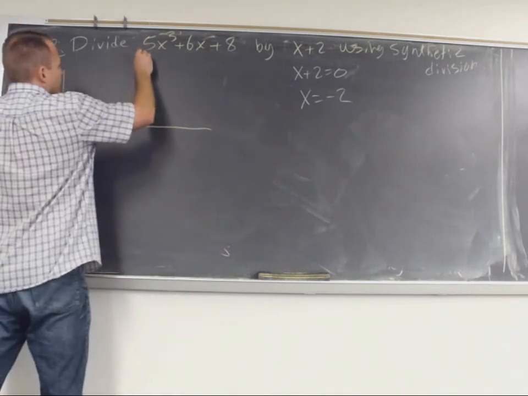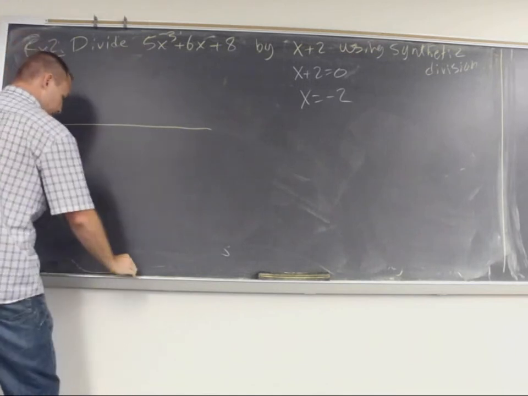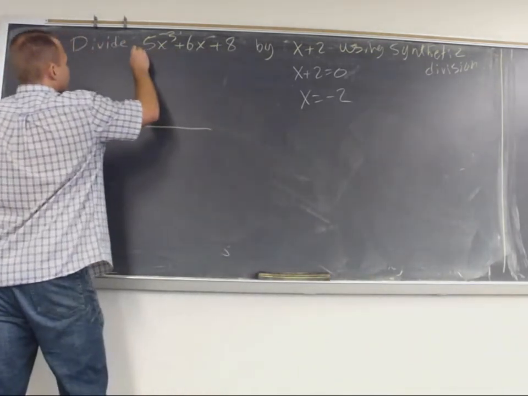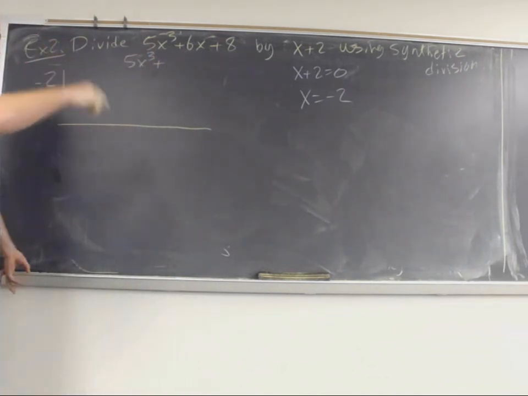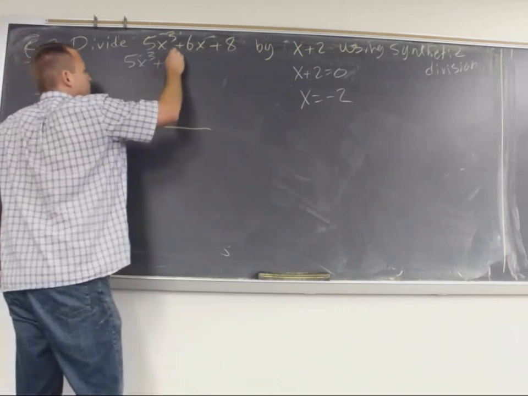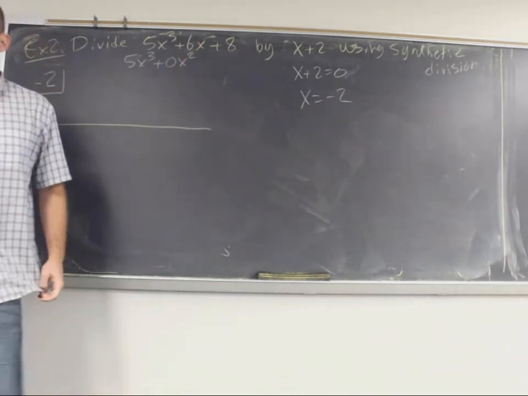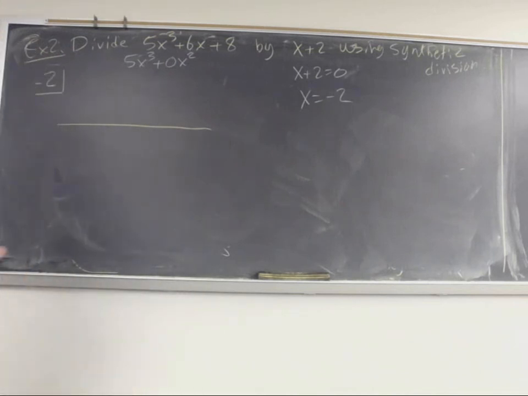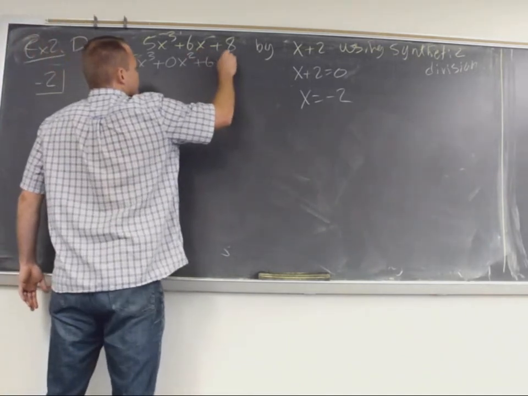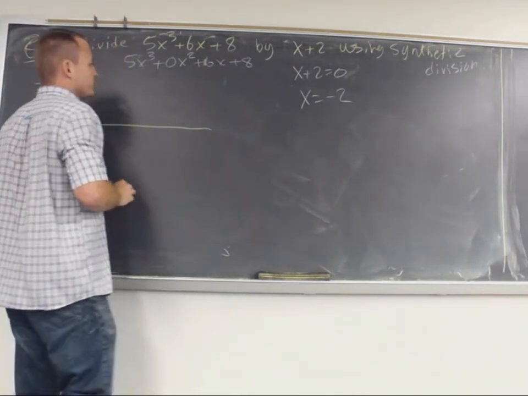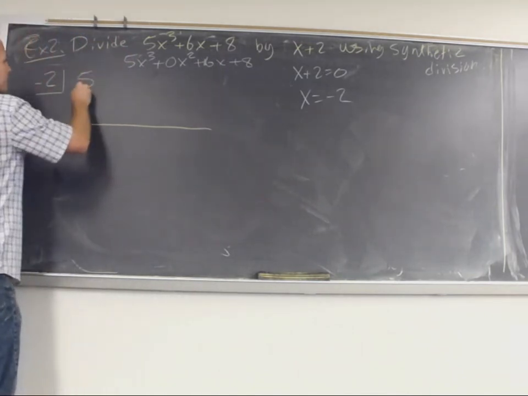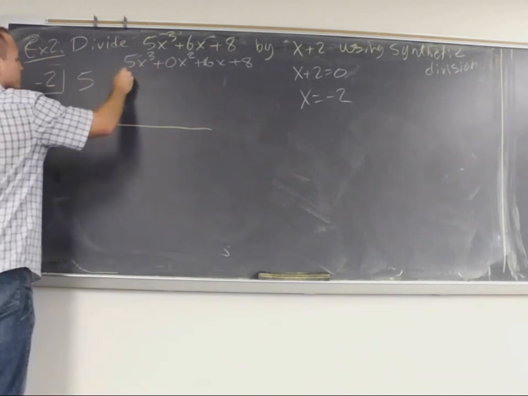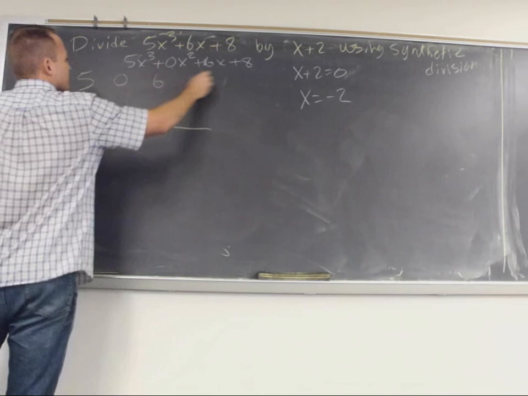So I can rewrite it as 5x cubed, and I need to add a 0x squared in here. I can do that because 0 times anything is just 0, and I'm not changing the function here. Plus 6x plus 8. So what I have is 5, 0, 6, and 8.